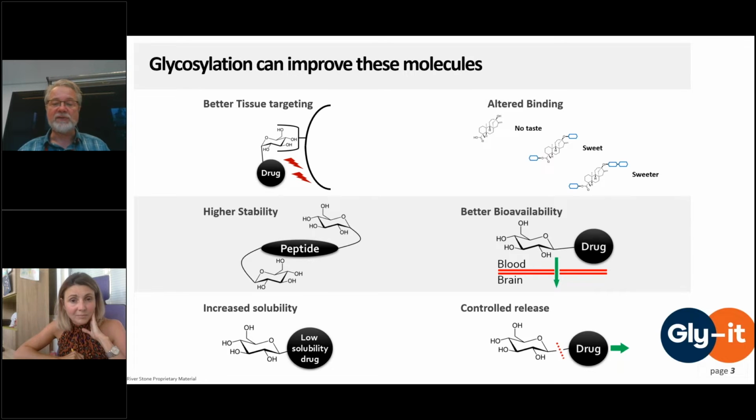And the final example, to the right bottom, is that you can add a sugar to a drug molecule and thereby make a prodrug that will give you controlled release of the drug in the body, because the bond between the carbohydrate and the drug gets cleaved by enzymes or certain chemical conditions.